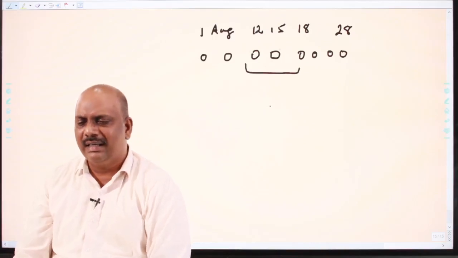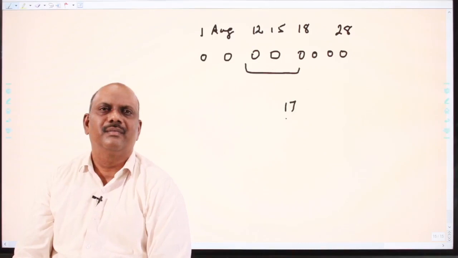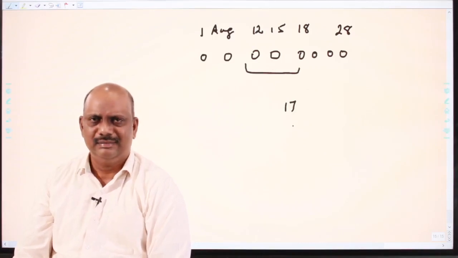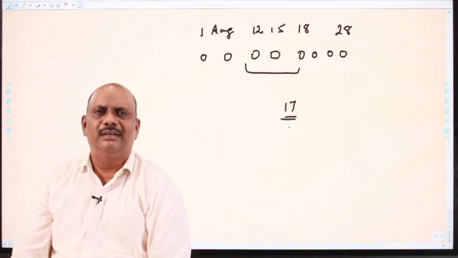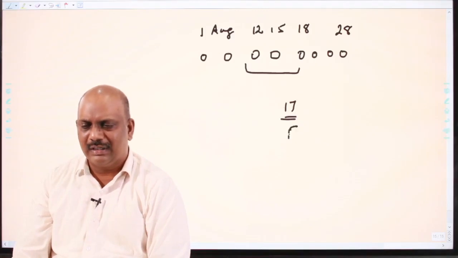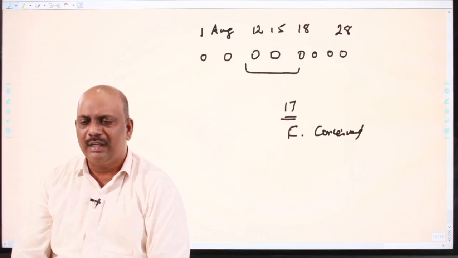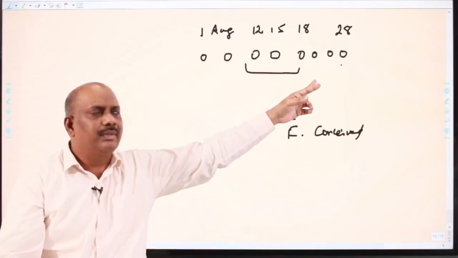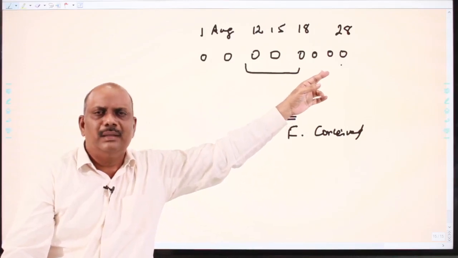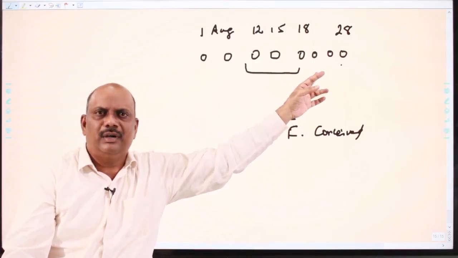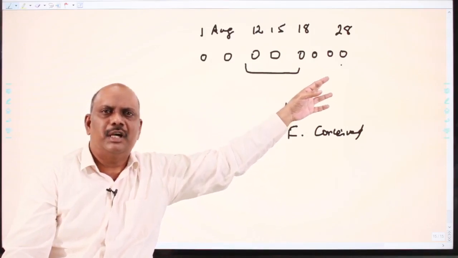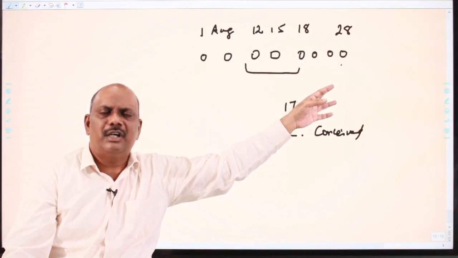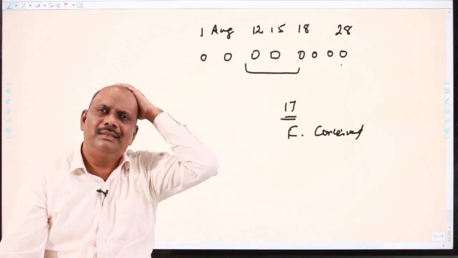On 17th of August, he comes to India to meet his wife. On 17th of August, she may get fertilized and conceive. And on 28th, what happens? The menstrual cycle will stop. She won't experience any bleeding. There will be no menses on that day. Once it stops, they may guess it may be due to pregnancy.